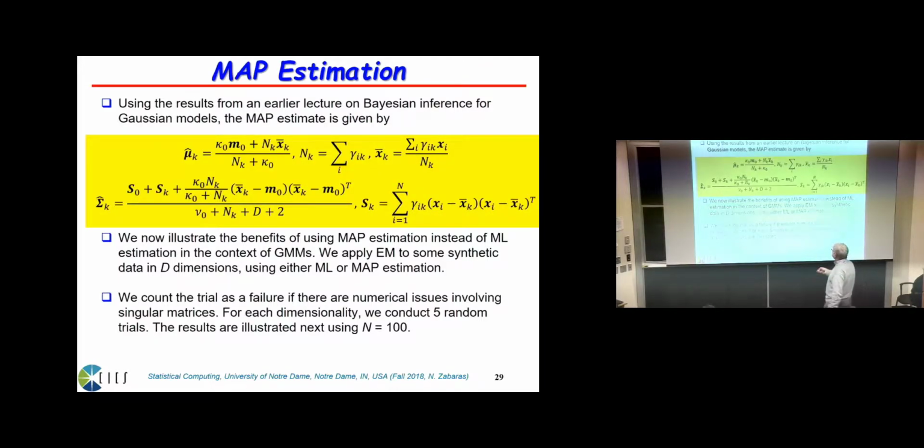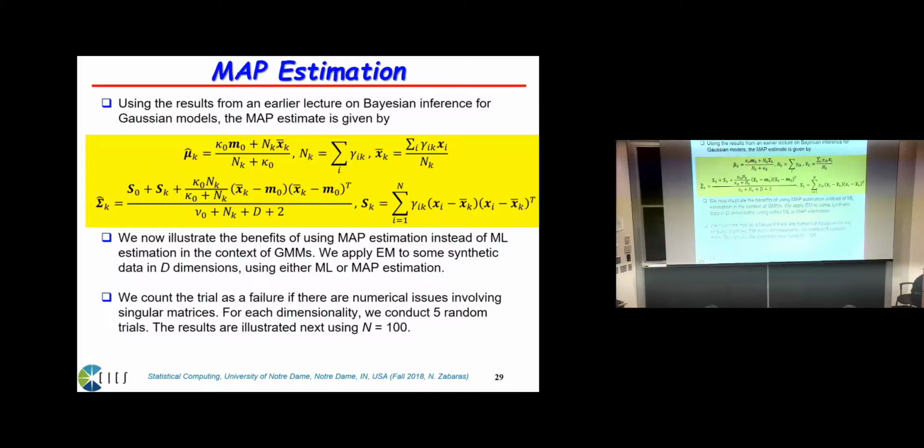Everything that you have seen for the Gaussian mixture can be extended in a trivial manner to a regularized estimate, a MAP estimate, that includes priors on the parameters. I have defined here this x_k bar, which is the center of each cluster.